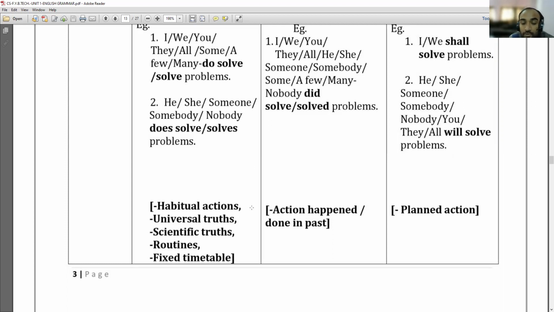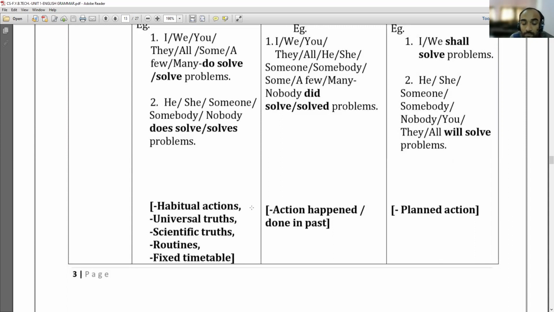So we show them with the simple present tense. The structure is like: the earth moves around the sun, the sun rises in the east, the sun sets in the west.